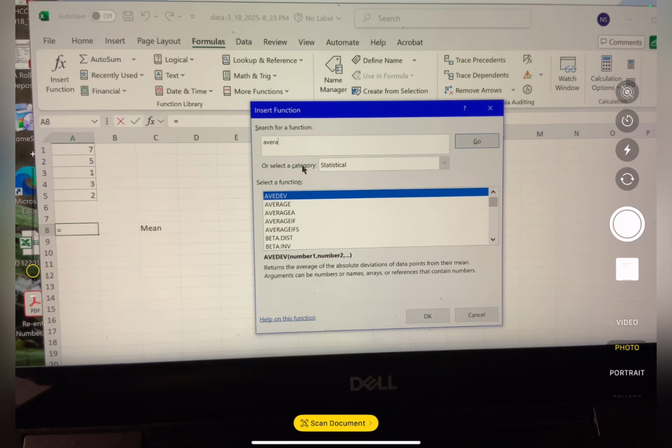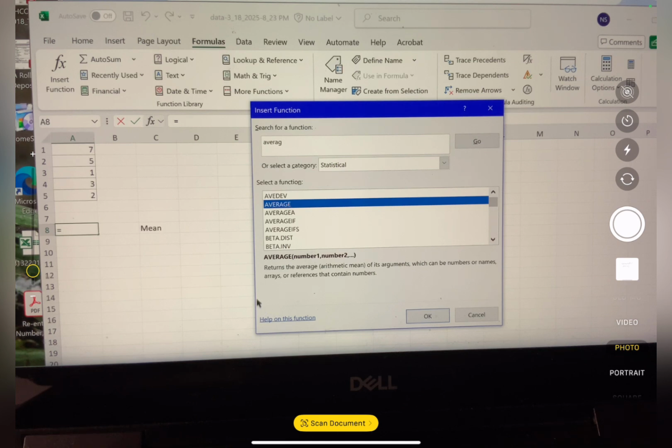Here it popped up, the average. I'm reading the explanation: returns the average, meaning arithmetic mean, of its arguments, which can be numbers or names or arrays or references.